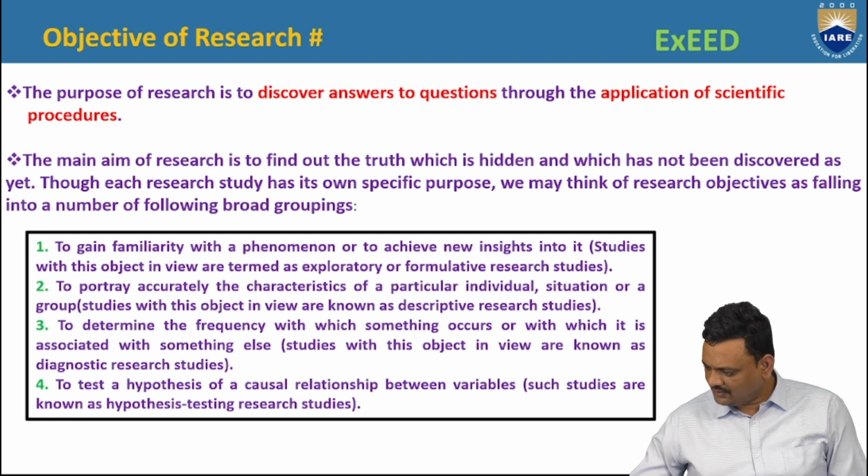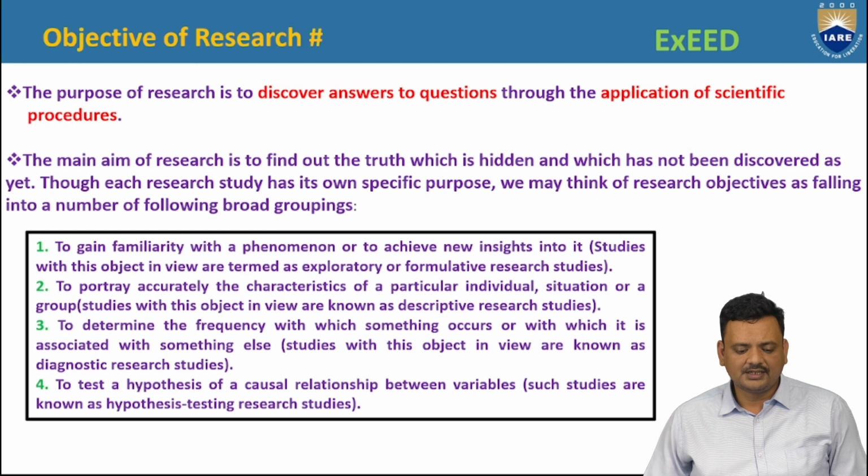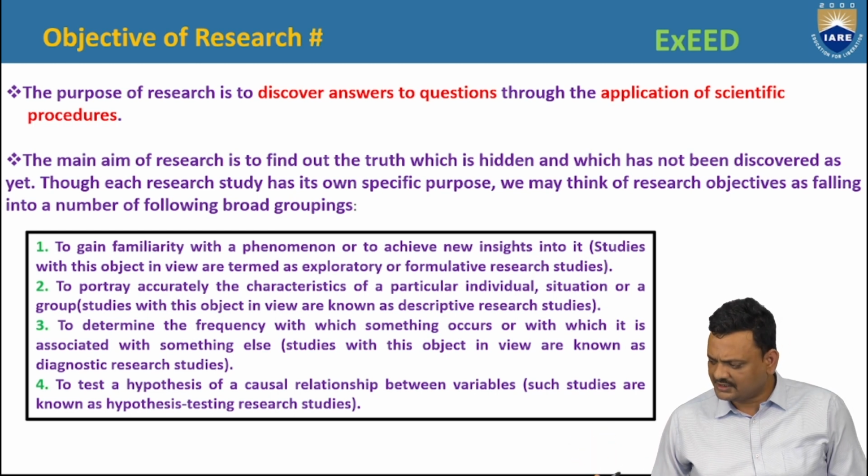First, I want to know from which material the surface is made. If I find my answer through research, then this type of research comes under formulative or exploratory research. Further, if I want to know the properties of this material, then we go for descriptive research. We have to perform some further experiments.